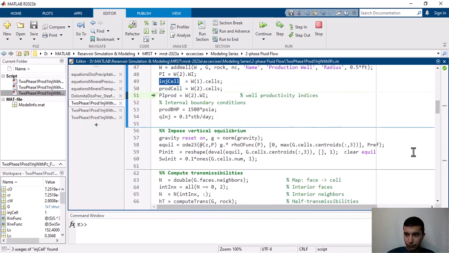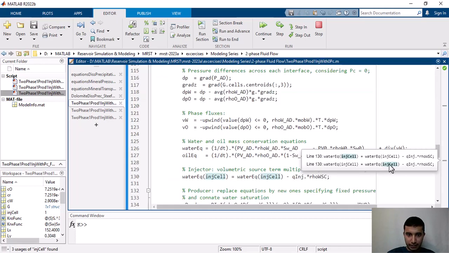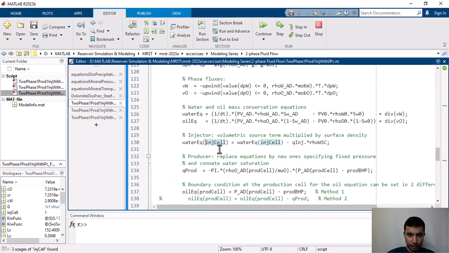So let's go to this line, which we were talking about, and we were going to add this term to the water pressure equation for the injection cell. And as you see, I have multiplied the injection flow rate by the density of water.